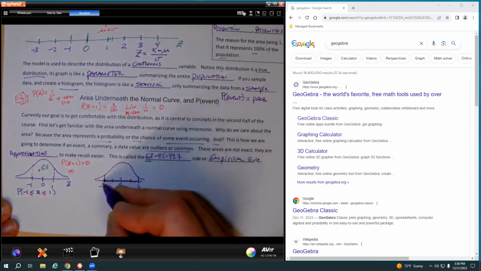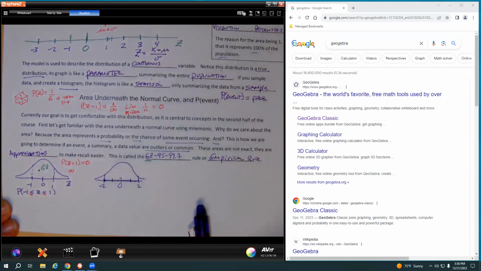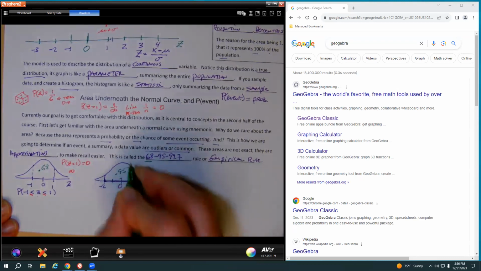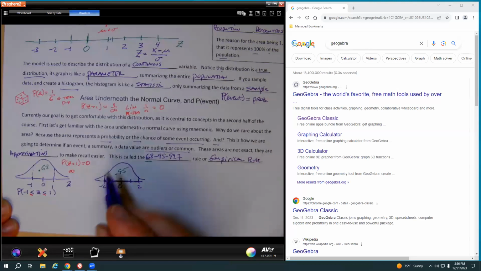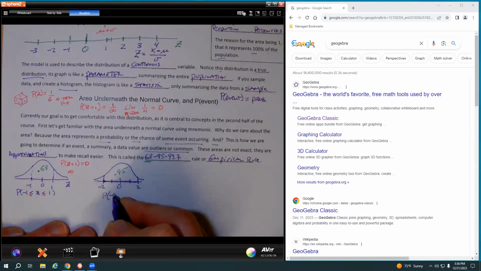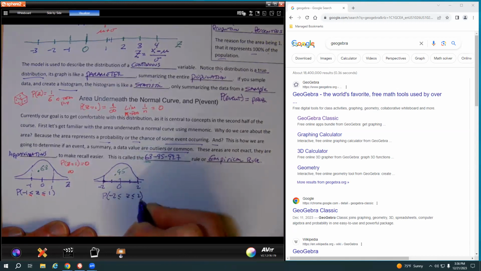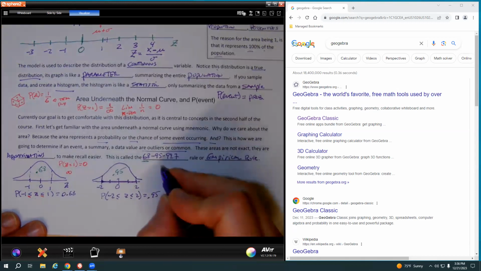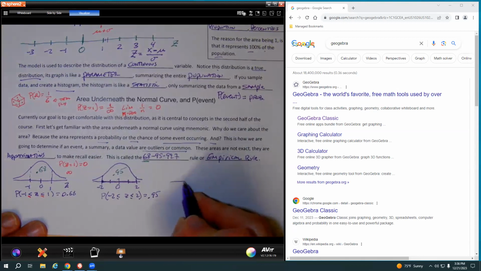The area above tells you the answer, and the answer here is going to be 0.95. Exactly. So really, the question here is, what's the chance that I am now between -2 and 2? Let me just write equals, and the answer is 0.95. Just like the answer here was 0.68. Okay, so let's do one more here.